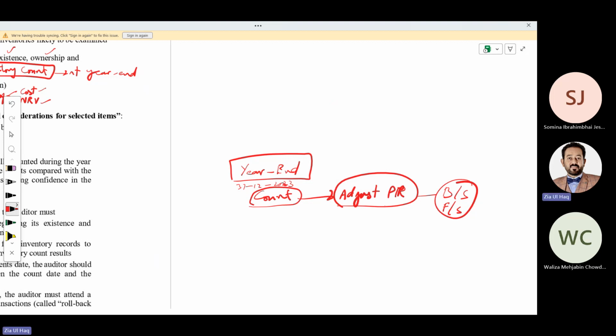Only one purpose: they need to adjust or update the PIR. As with the inventory control we discussed in the sales and purchase system, the PIR must be updated against physical count. So what is the main purpose of count? We need to see whether we physically have the same number of units as are available in the PIR, meaning the record of inventory. What is PIR? Inventory record.